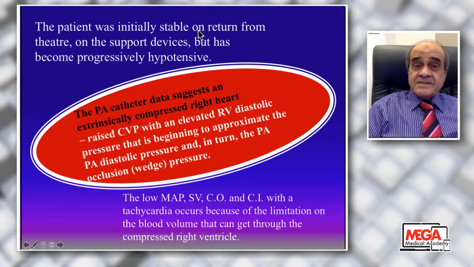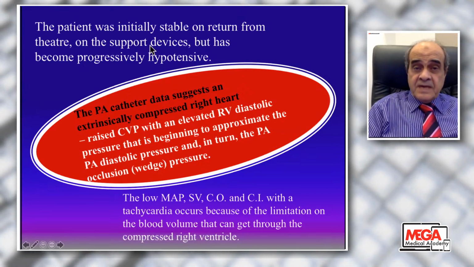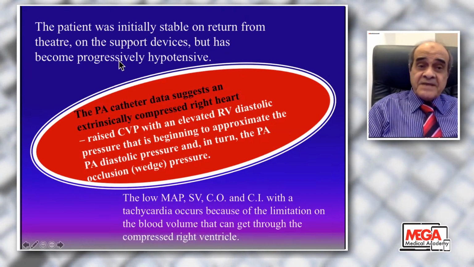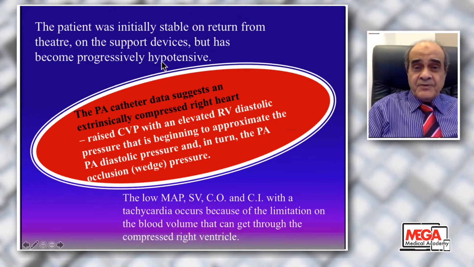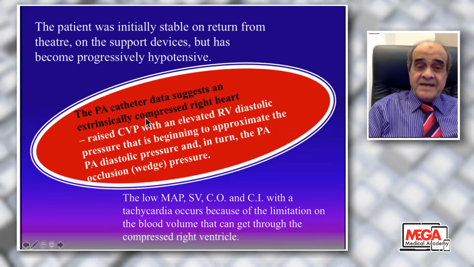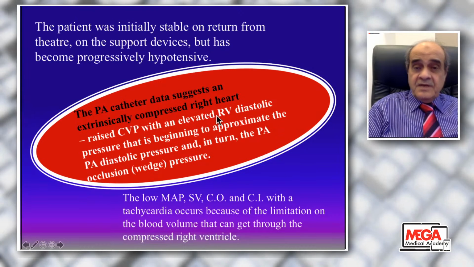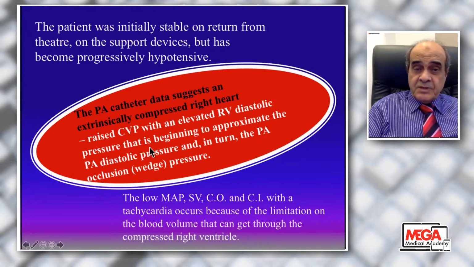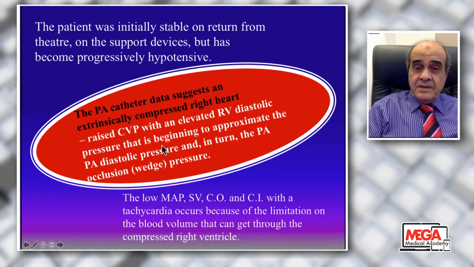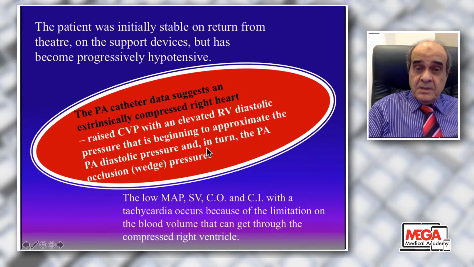The patient was initially stable on return from the theater on an intra-aortic balloon pump and noradrenaline, but has become progressively hypotensive. The pulmonary artery catheter data suggests an extrinsic compression of the right heart, with raised CVP and elevated right ventricular diastolic pressure beginning to approximate the pulmonary artery diastolic pressure.